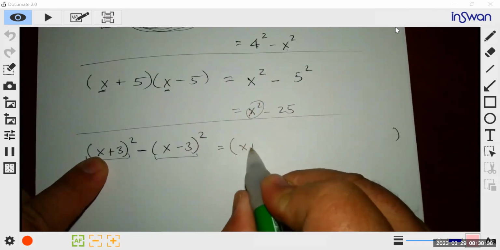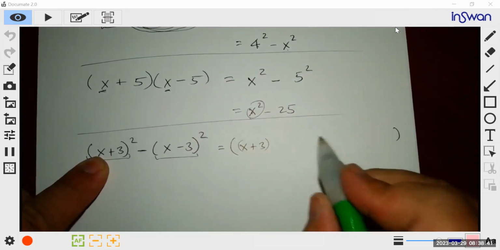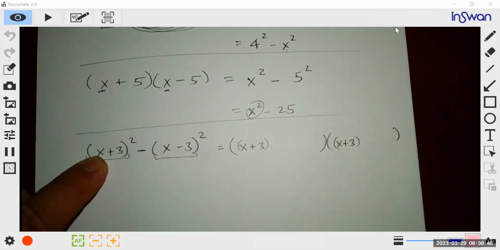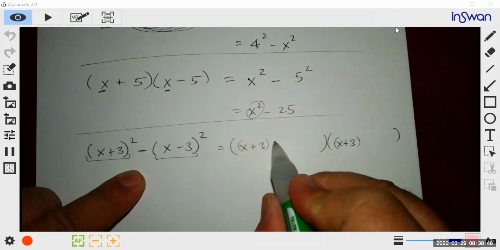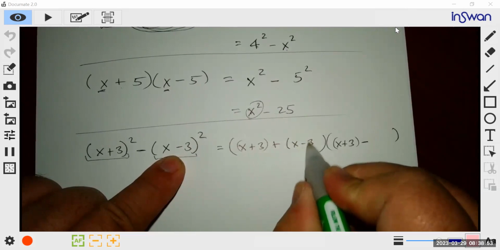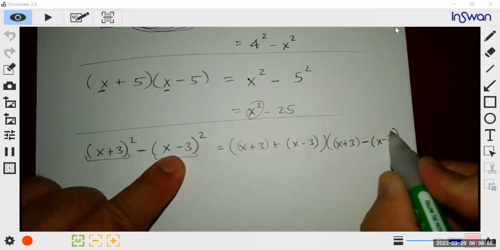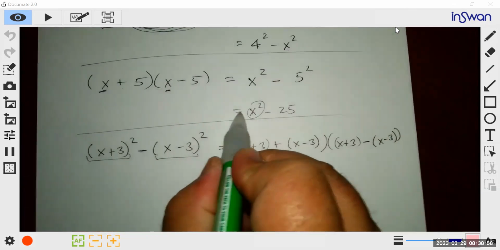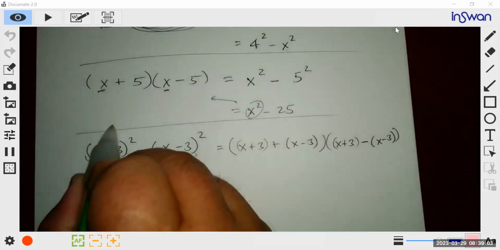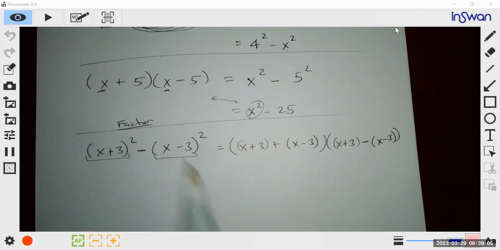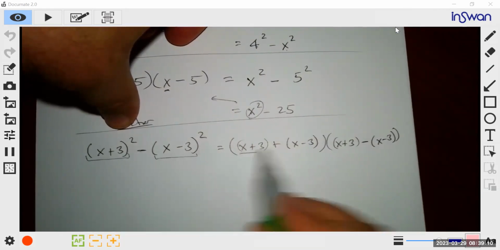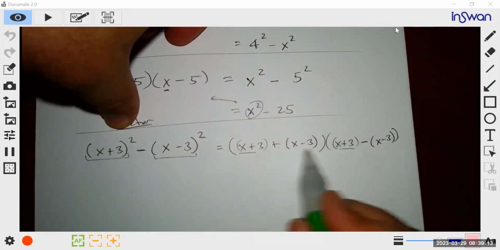So this one, x plus 3, x plus 3. One's plus, one's minus. And the second term, x minus 3, x minus 3. We're just going from this direction to that direction. It's called factoring. So since it's a difference of two squares, take the first term plus minus the second term.